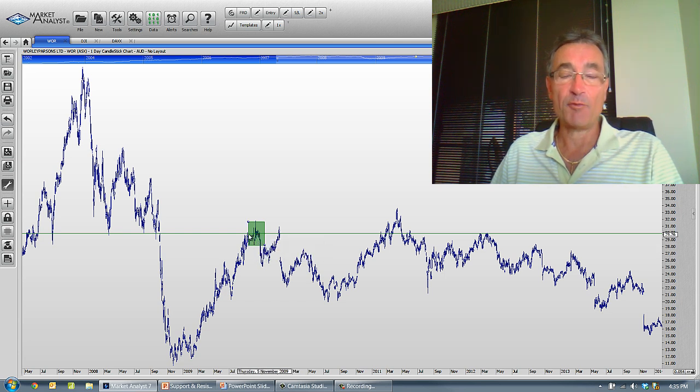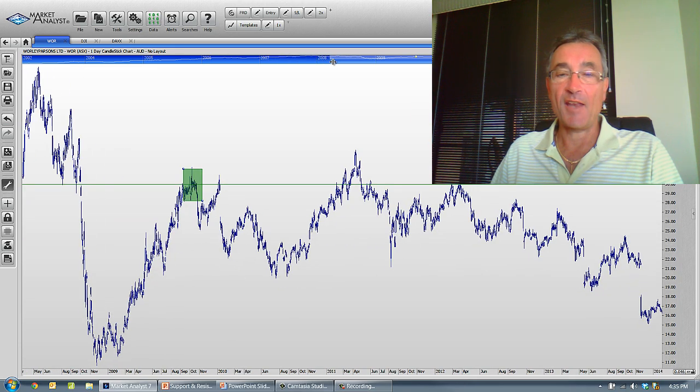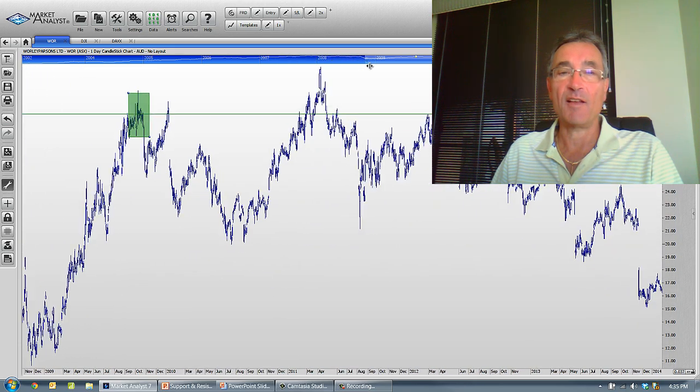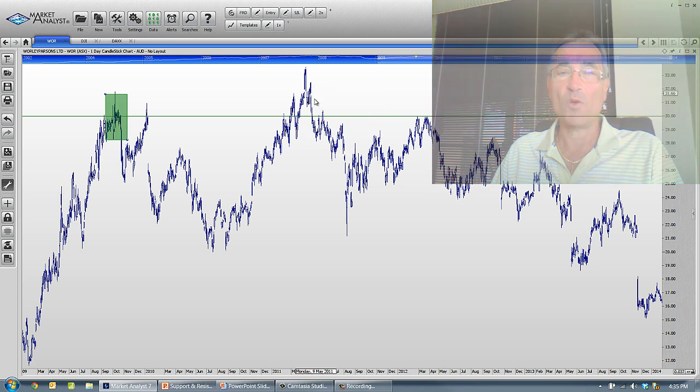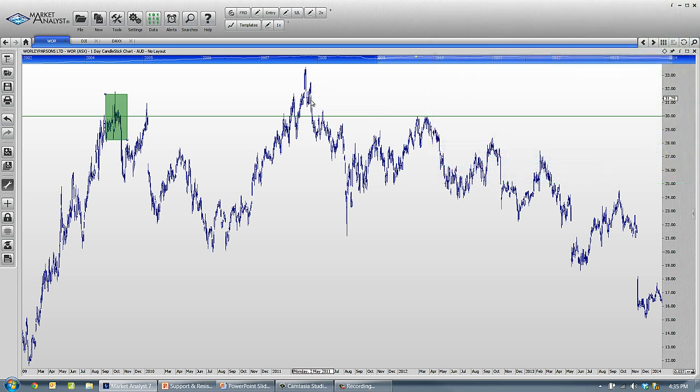So the price was unable to break through 30 and again fell away, came back down to $20, had another go at it, and there was a preliminary break, and this is what I call a false break. And false breaks are actually a terrific trading opportunity. It's where the price makes a bit of a breakout for a few weeks, but is unable to sustain it.